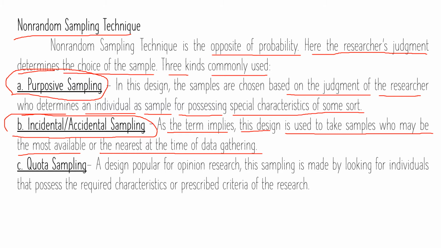Accidental sampling, also known as grab or opportunity sampling, is another form of non-probability sampling that involves taking a population sample that is close at hand rather than carefully determined and obtained.